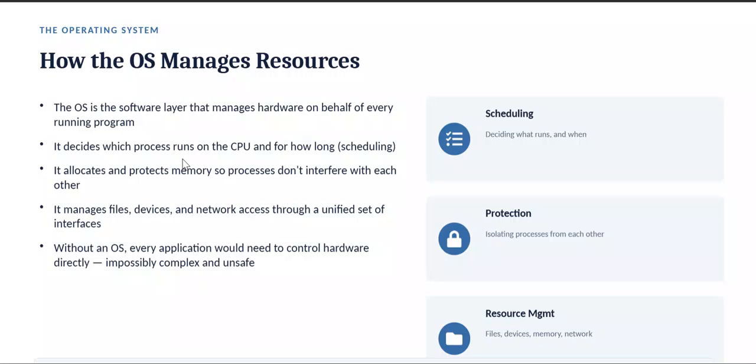That is why the operating system serves as the middleman to manage the hardware devices on behalf of every running application in your computer. It does this by scheduling, deciding what runs and when it should run.